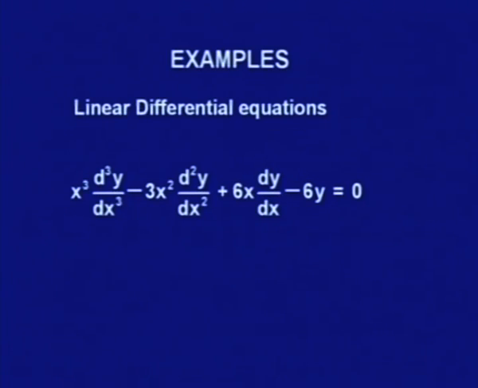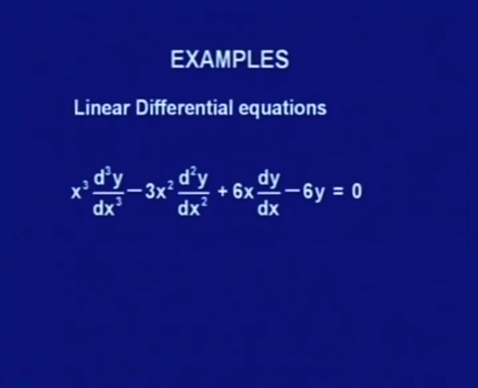Here we see that the derivatives involved are first order, second order and third order, and all these derivatives and the function y are in degree 1 only. None of them have any exponent. Moreover, in none of the places do the function and derivatives appear simultaneously in any component. Thus, this equation is linear in the unknown function y and its derivatives.